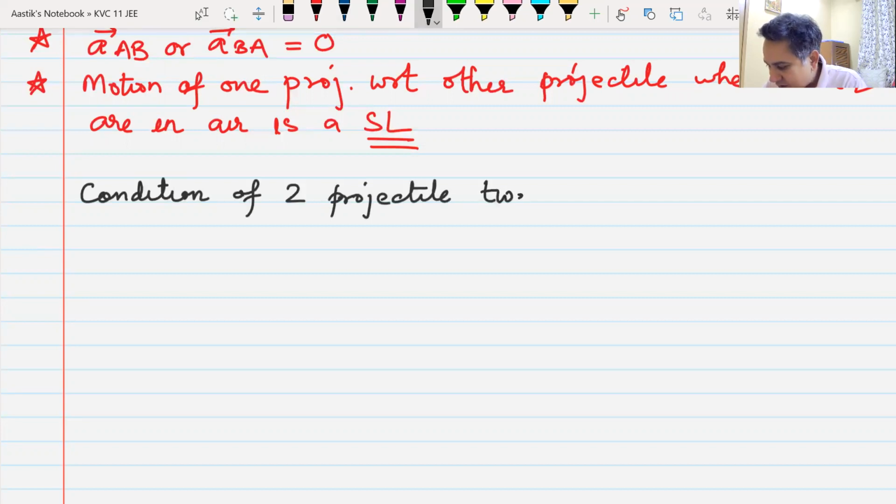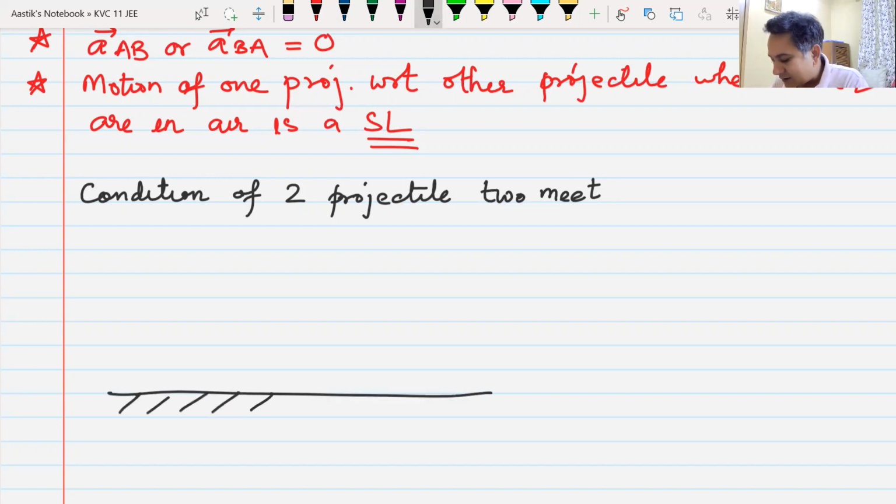And on this condition, they have asked a lot of questions, not in JEE Main, but in JEE Advanced. I will ask you, let us suppose that we have two projectiles and it is the simplest possible case. One is thrown from A, other is thrown from B.